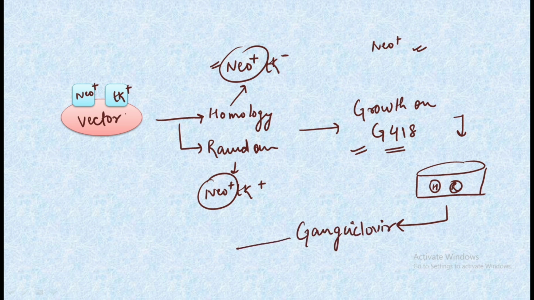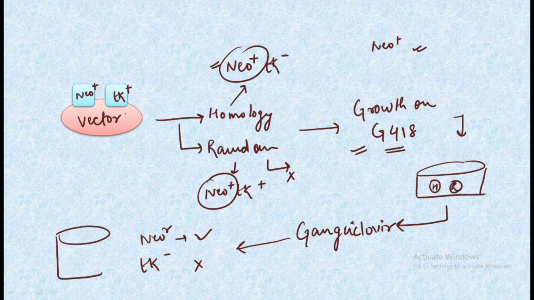So as we have studied, the neomycin one could survive on the ganciclovir, but the TK cannot survive on the ganciclovir. So the random integrated ones would not survive, and as a result of this, only the homologous integrated cassettes would survive, and this is the required product that we require at the end of our experiment.